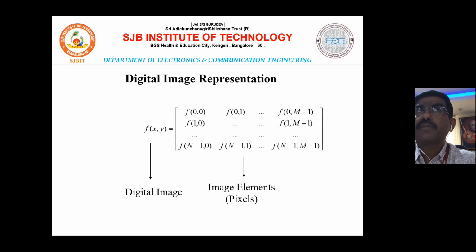It means the image is represented in numerical form as a matrix. The image size may be 2 cross 2, 3 cross 3, 4 cross 4, 16 cross 16, etc. These individual pixels have to be considered to represent the image.